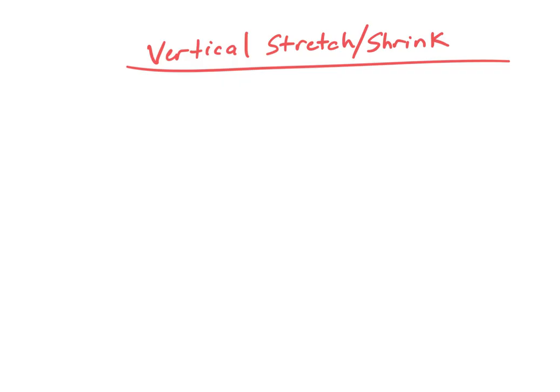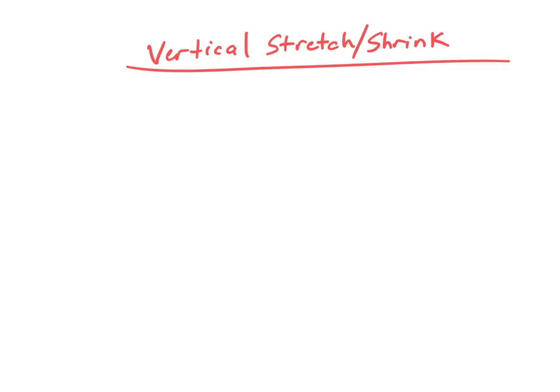So if I had a parabola and I vertically stretch it, that means I'm stretching it up and down, right? So it's going to make that parabola get really skinny as I do that. If I take that parabola and vertically shrink it, that means I'm compressing it. I'm pushing it down, and that's going to make that parabola get really wide.